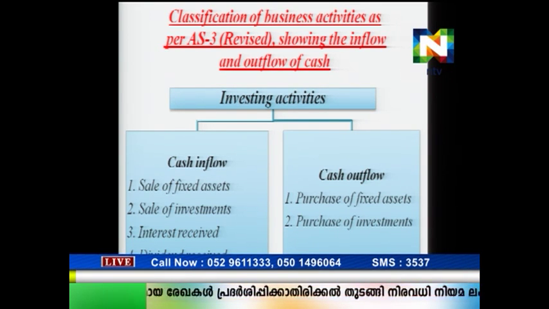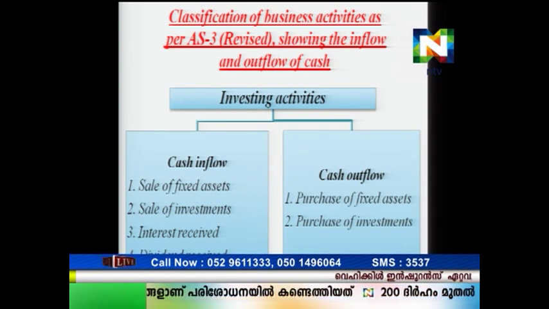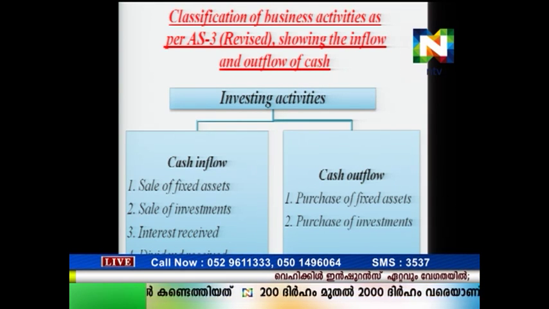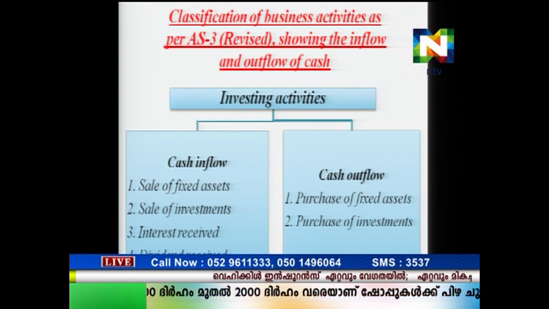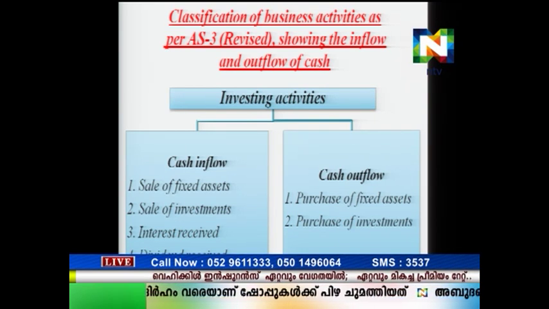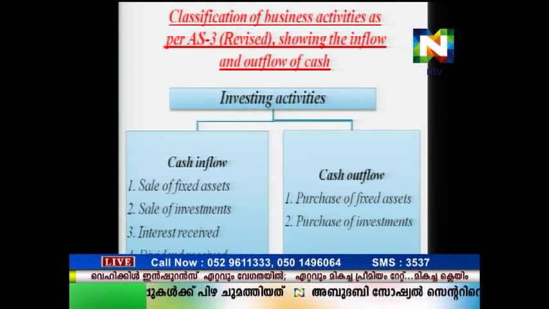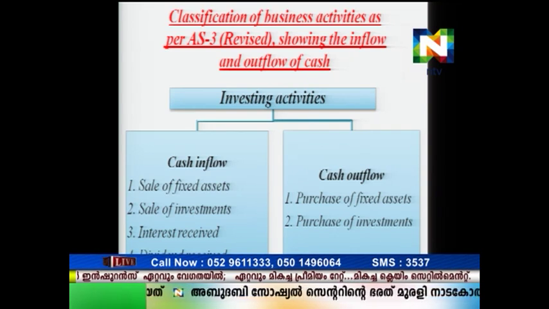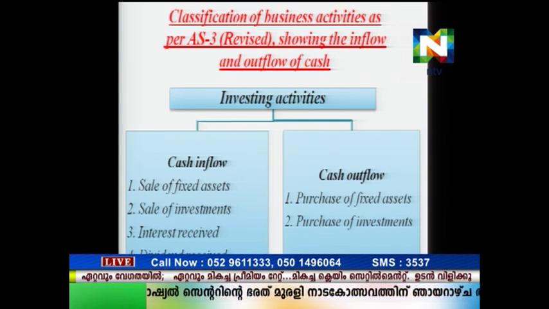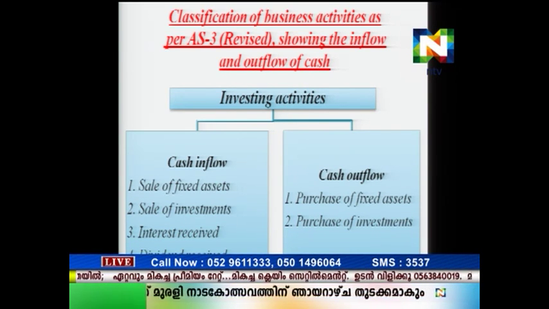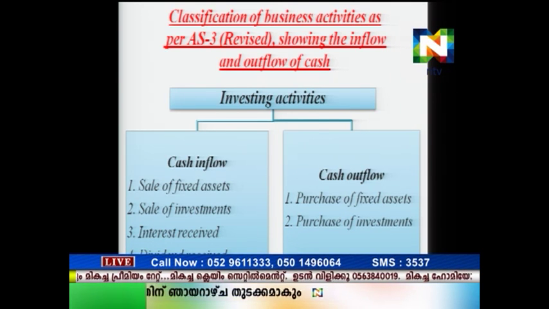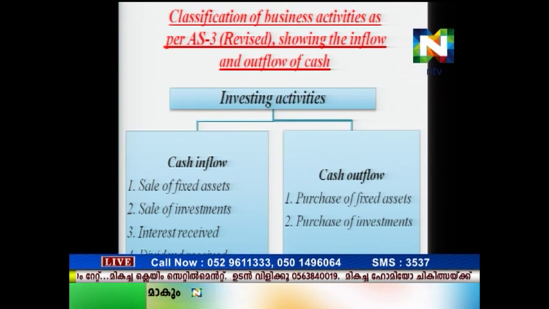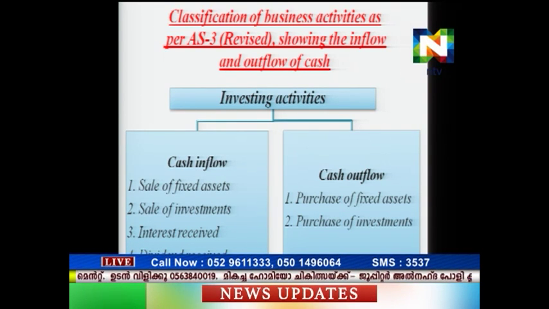Once again, investing activities inflows are sale of fixed assets, sale of investment, interest received and dividend received. And investing activities outflows are purchase of fixed assets, when we purchase a building, equipment or machinery, whatever it is. That means outflow of cash. And purchase of investment is also a part of outflow.